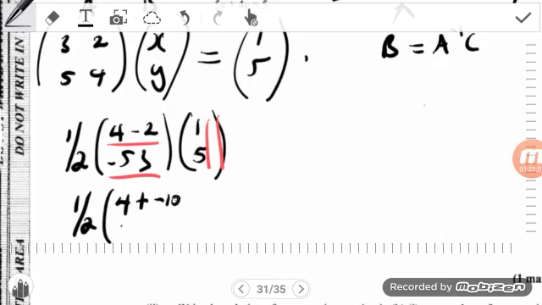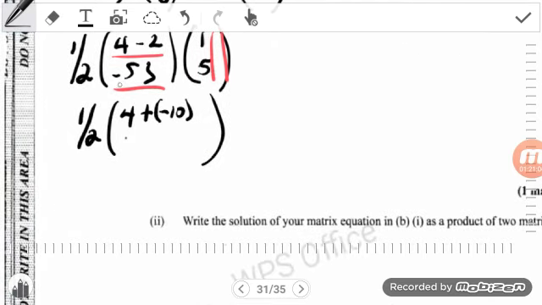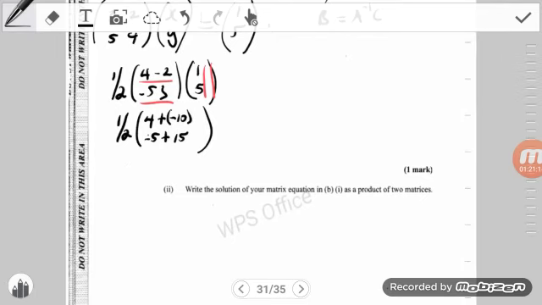Then we're going to have -5 times 1 is -5, plus 3 times 5 is 15. Now to simplify this, we have a half multiplied by 4 plus -10 is -6, and -5 plus 15 is 10.